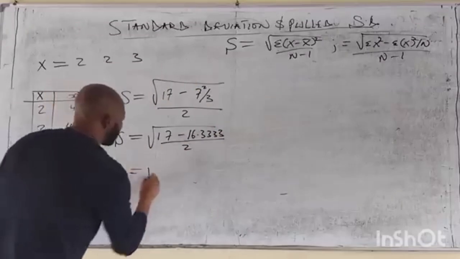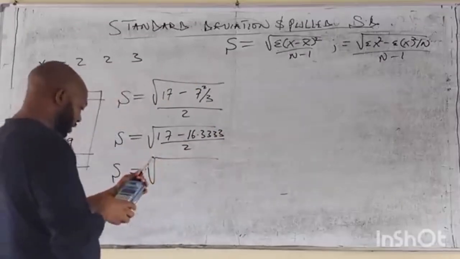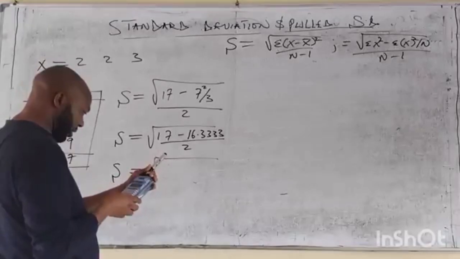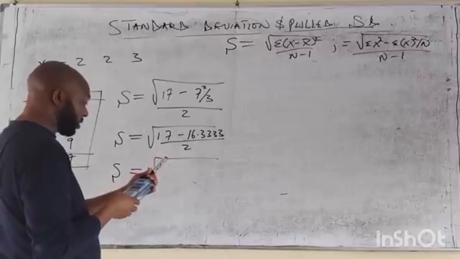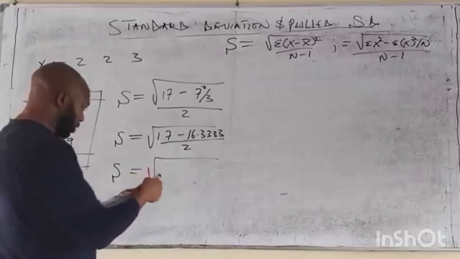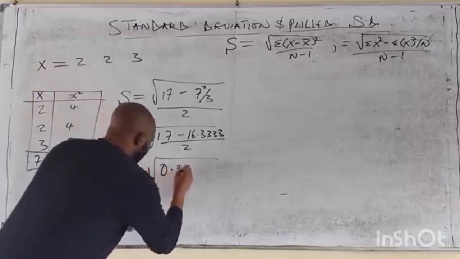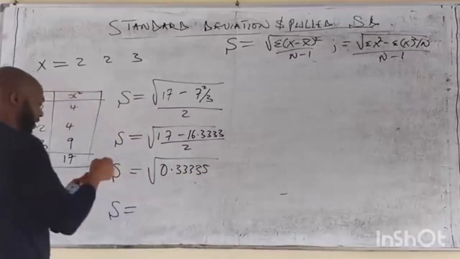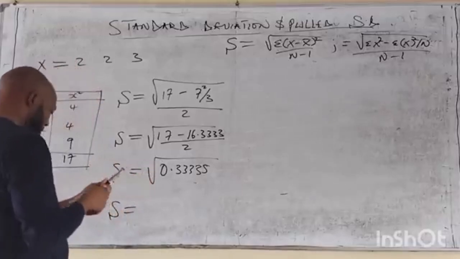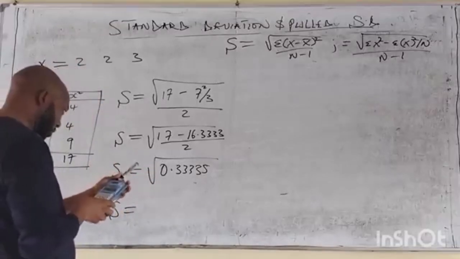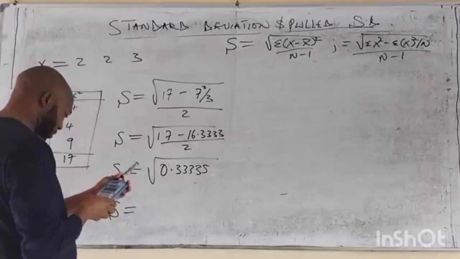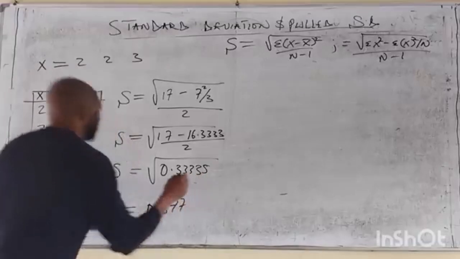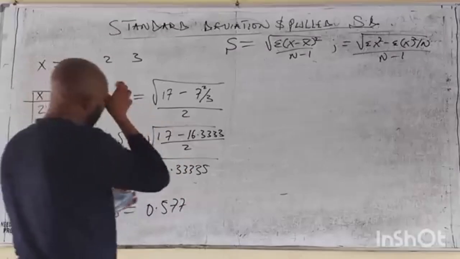So 17 minus 16.3333 is equal to 0.6667, divided by 2 is equal to 0.33335, and S is equal to the root of this. The root of 0.33335 is 0.577.